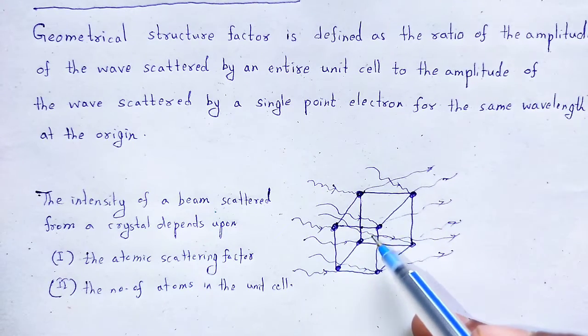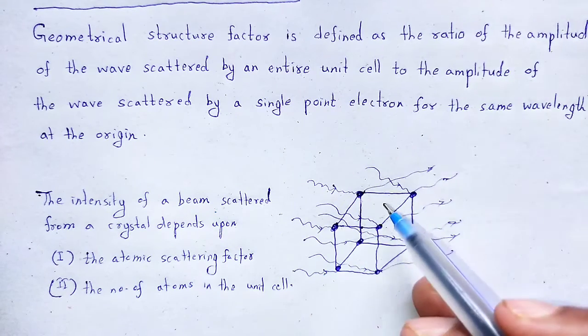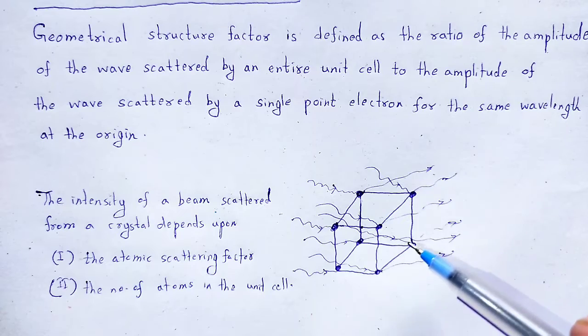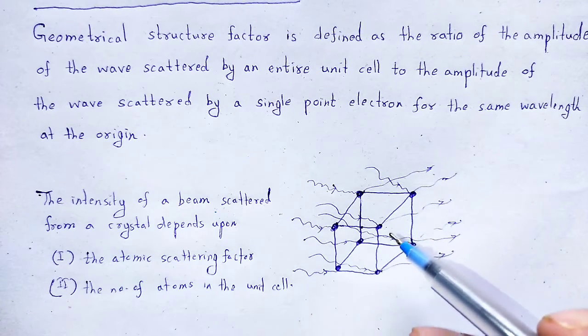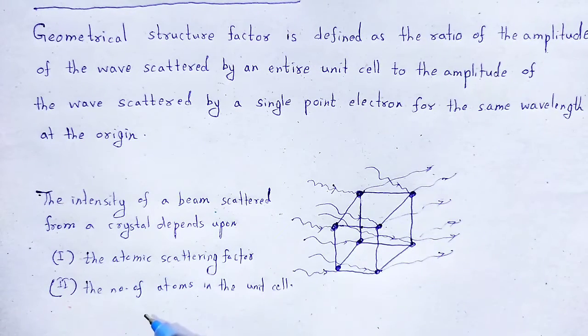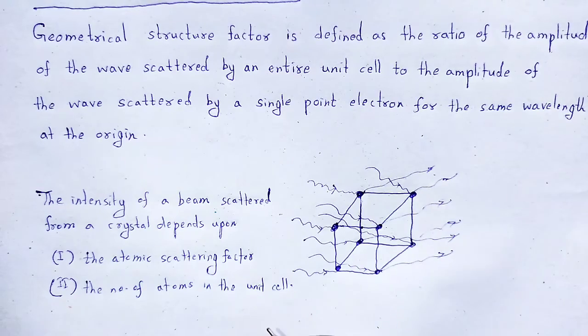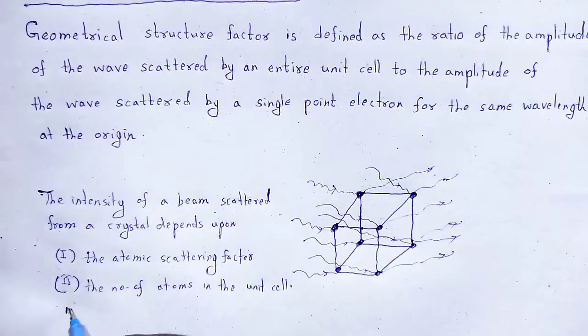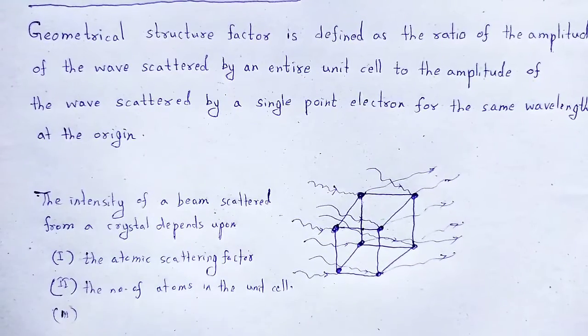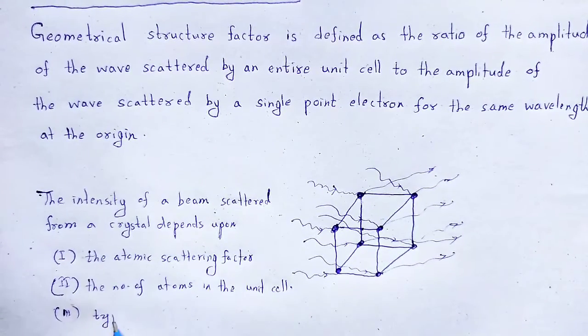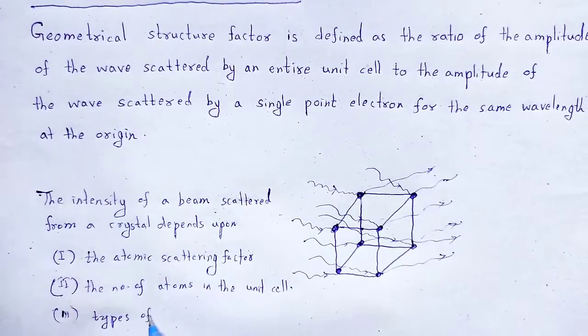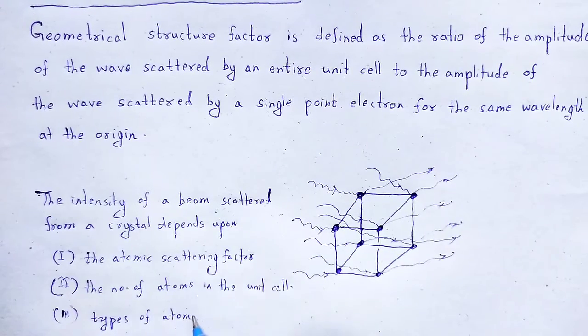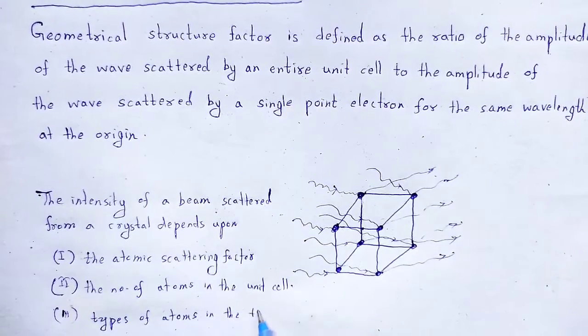There are various kinds of unit cell such as simple cubic, body centered cubic or face centered cubic. On that basis, what will be the number of atoms present in the unit cell? And the types of atoms in the unit cell.